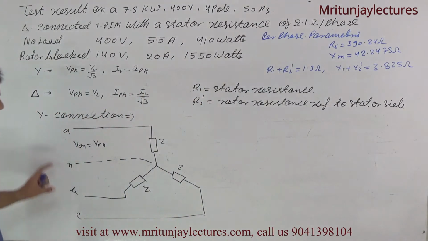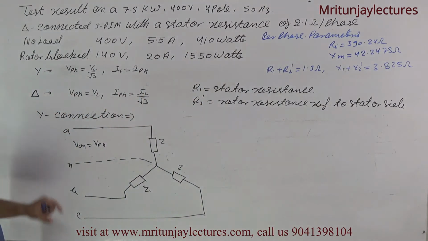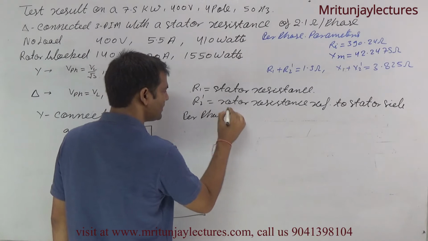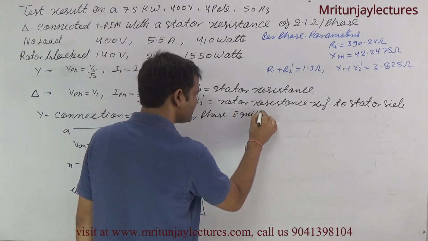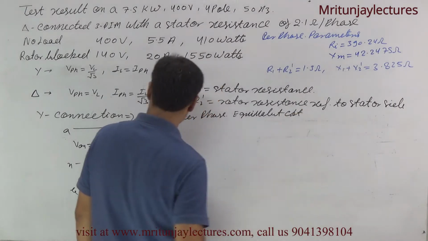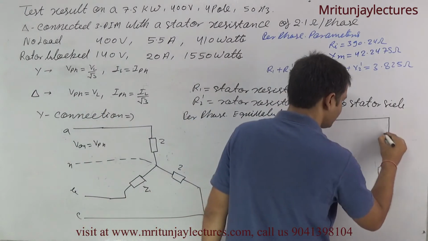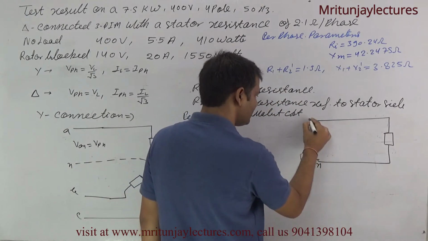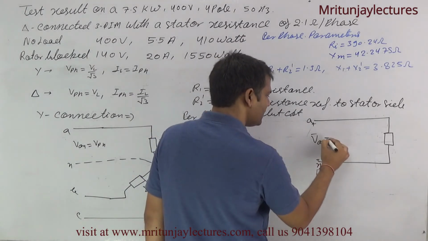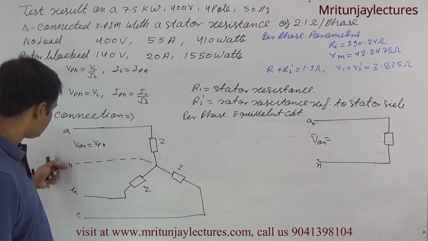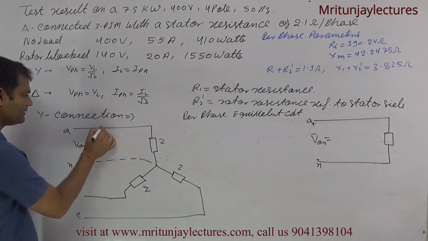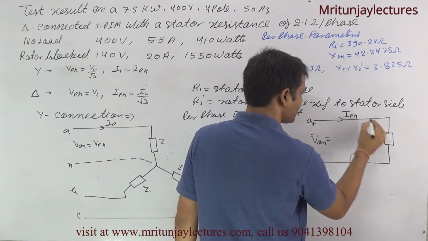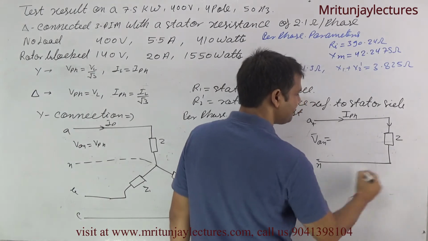Now, the equivalent circuit of the per phase: first of all draw the per phase equivalent circuit. How to make it? Always take neutral and phase, that is AN, BN or CN, whichever you have considered, with phase current IPH, and Z. Clear?